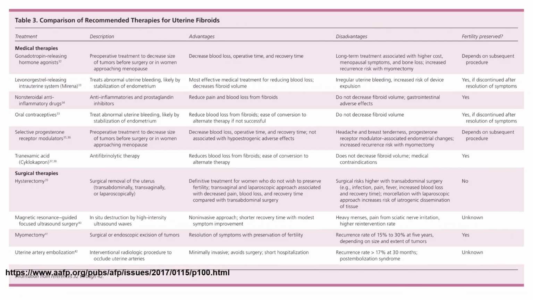Tranexamic acid also has very limited use, as it doesn't decrease the fibroid volume at all. So very few contemporary medical treatments reduce the fibroid volume, and our Ayurvedic treatment also may not reduce the volume as such, but complications can be effectively managed and there is no need of surgery.